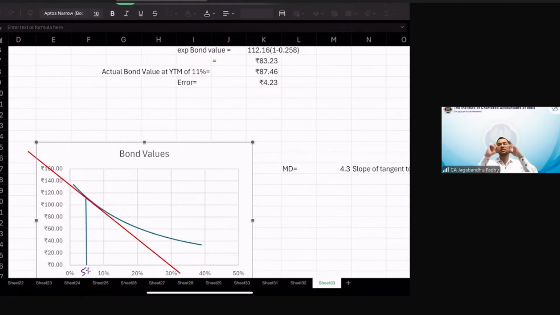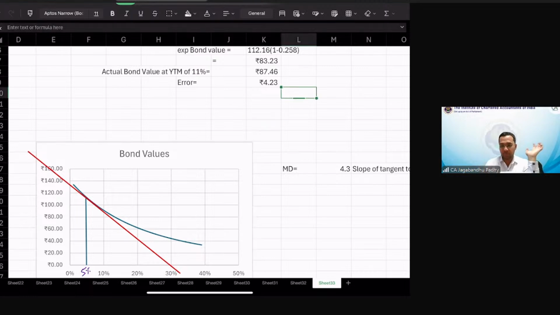The simple reason is your actual bond value is a curvature line, whereas the modified duration line that you create is assumed to be a straight line. And therefore, you get that gap, or that error term. Is it clear, guys? Why do we have the error, or that difference between the expected value and the actual value?